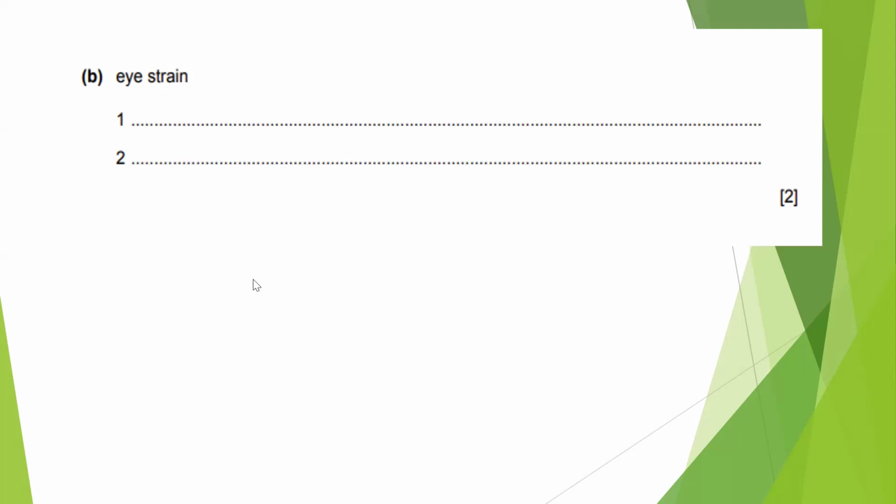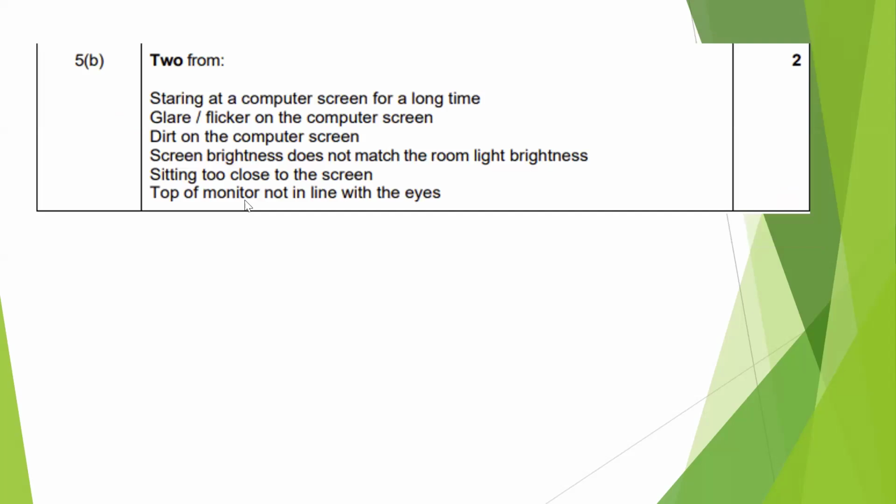You should maybe take some frequent breaks. So you have to tell only causes. Staring at a computer screen for a long time is one of the reasons. So you're continuously watching the screen.